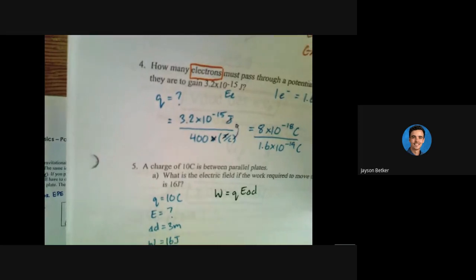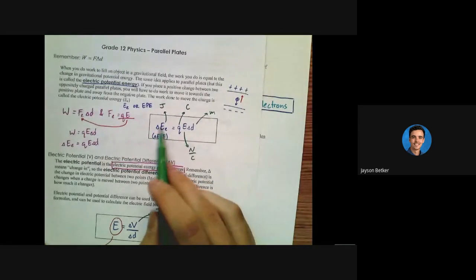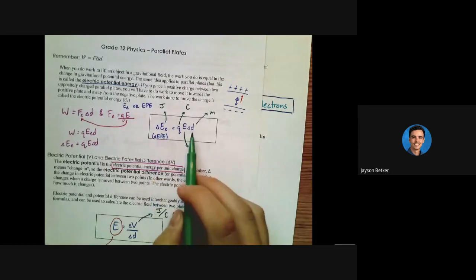Where did I get that formula from? We did that formula right here. Work is just the change in energy, Q E delta D, and we got it from combining these other two formulas.